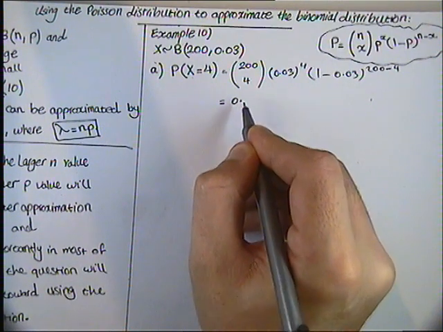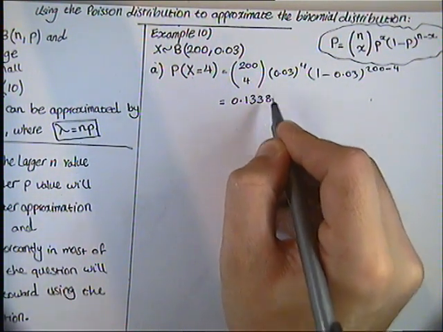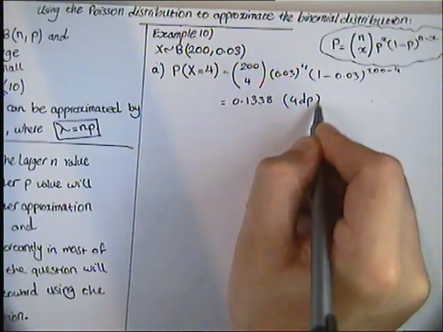Using the calculator, we would get 0.1338 to 4 decimal places.